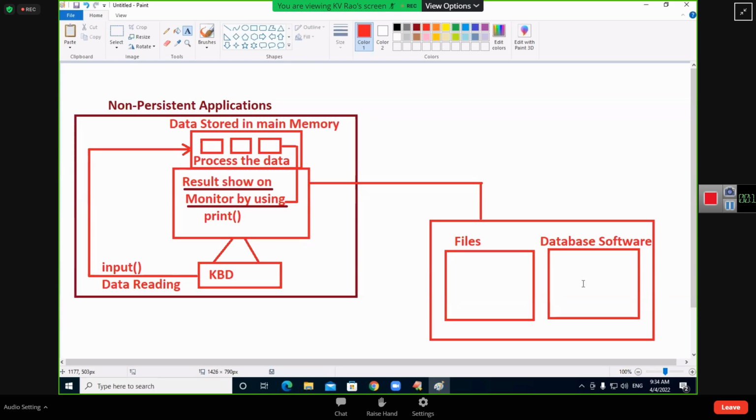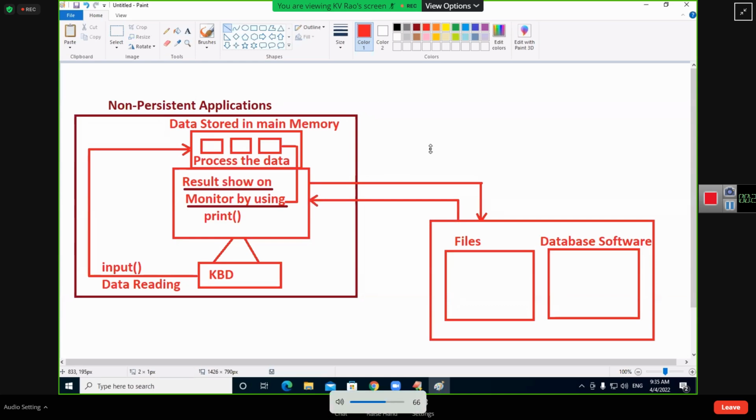database course is different. So how many ways are there to store my data permanently? Two ways are there. One is by using files, one more by using database software. From the file or database software, I can read the data also. Example, when you go to a bank, you want to get your banking information.